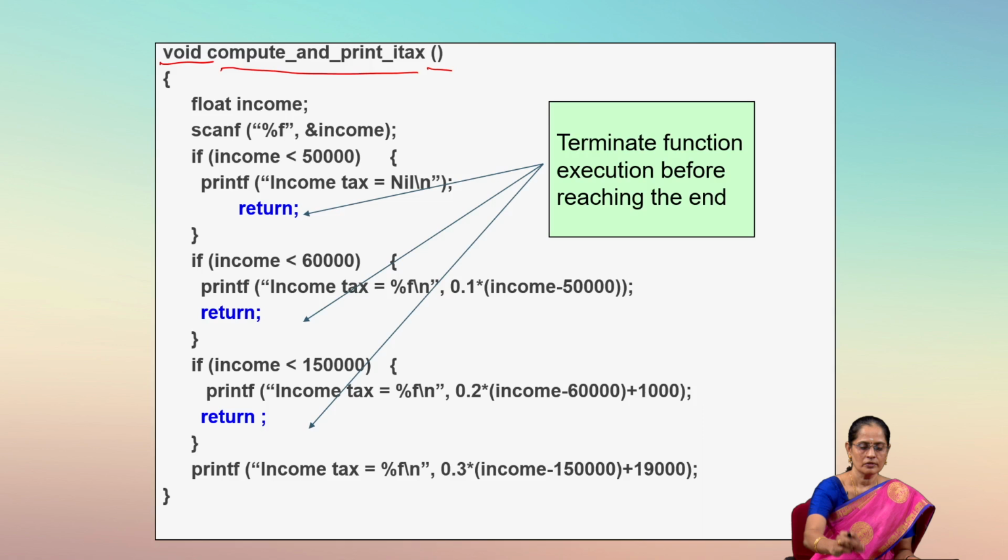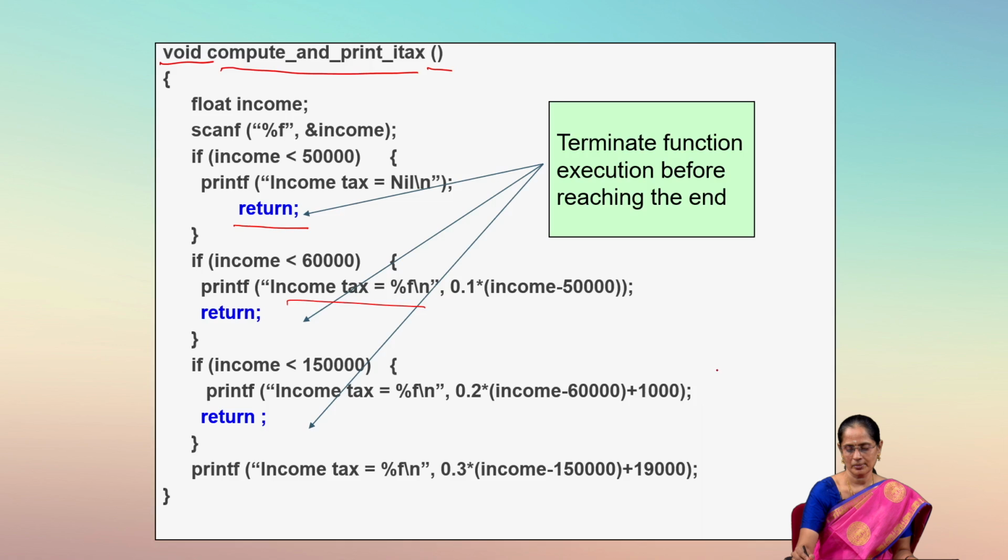In the first part of the function you can see that we are checking the income. If it is less than 50,000, the income tax is nil. Then we are closing its execution, because the income can be verified only with one selection statement. If income is less than 60,000, then we calculate the income tax, print out the income tax value, and close the function execution.